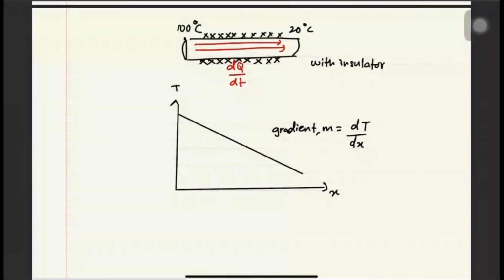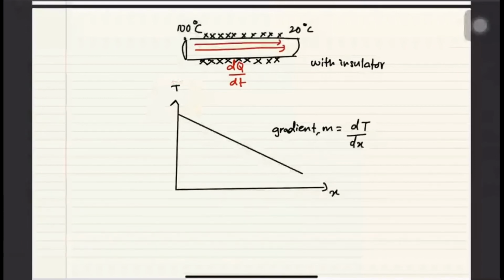So that's why we call this one the temperature gradient from this particular graph. So if you want to label the unit, this will be Kelvin and meter. So here would be your T1 and this would be your T2. It is always like that: T2 is always smaller in value than T1. So this is just the length.